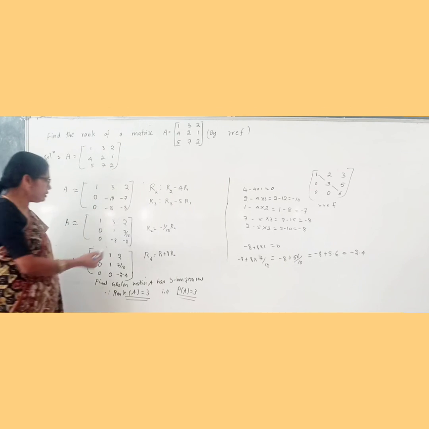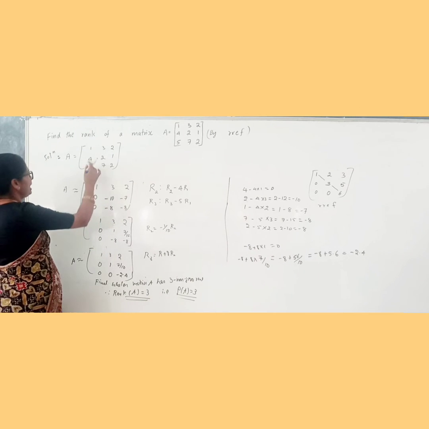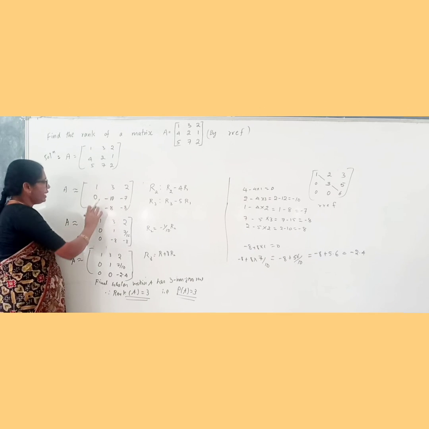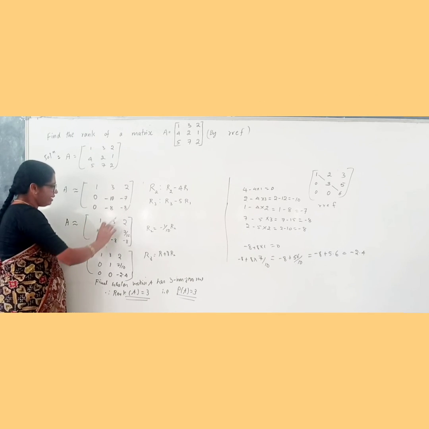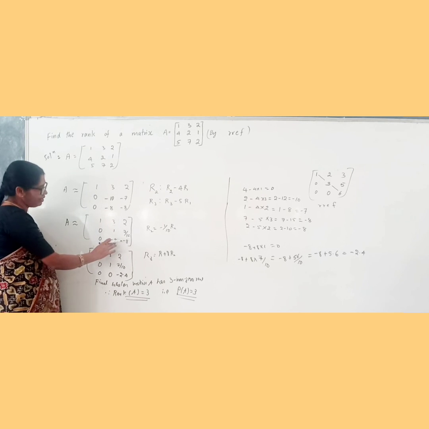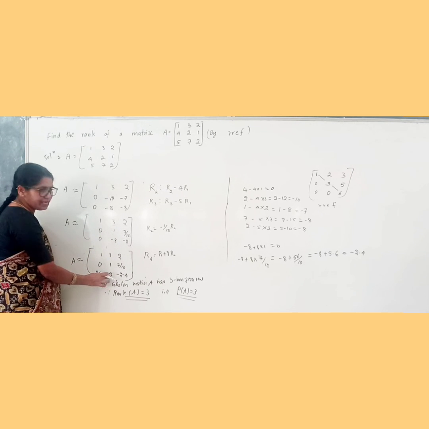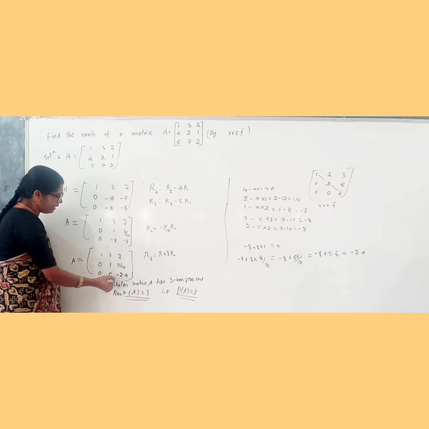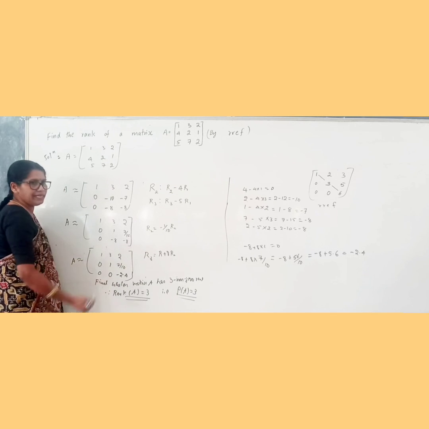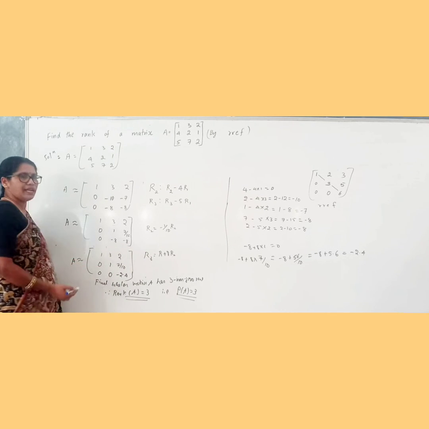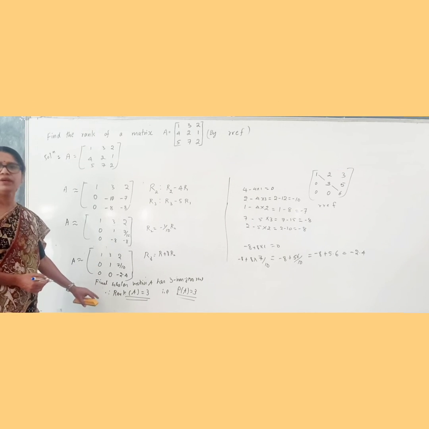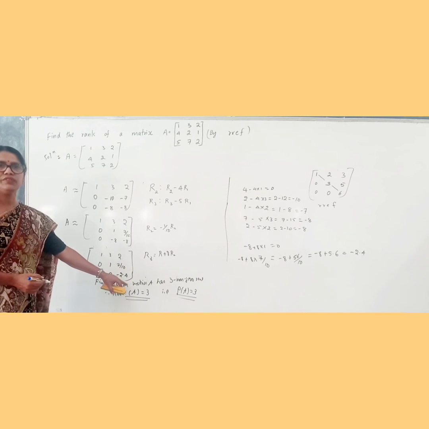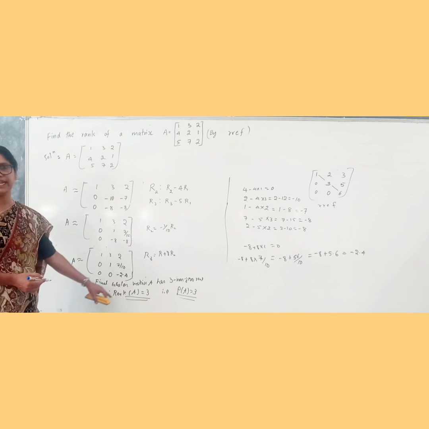In order to reduce this to row-reduced form, the first leading element should be 1 and below that zeros, and in the second row also, first element is 1 and below that there should be zeros. Below the principal diagonal elements must be 0 and above that there can be elements. So reducing like this is known as row-reduced form. Here in this matrix we have 3 non-zero rows, therefore rank is equal to 3.